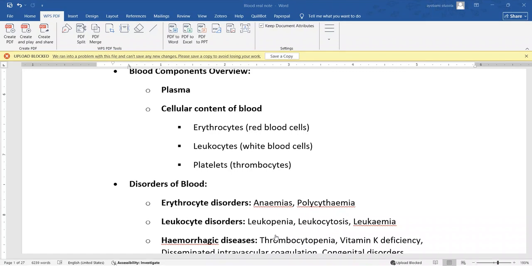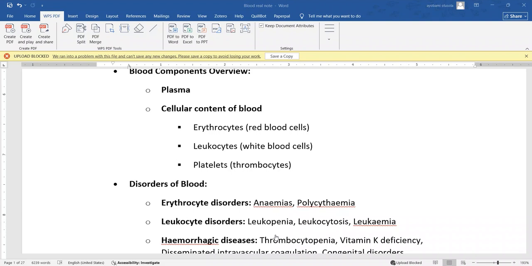Red blood cell. Excellent. So, when the red blood cells are low, then we say the patient is anemic. What of polycythemia? Who knows what polycythemia is? Polycythemia is when you have excess erythrocytes, okay, excess red blood cells.